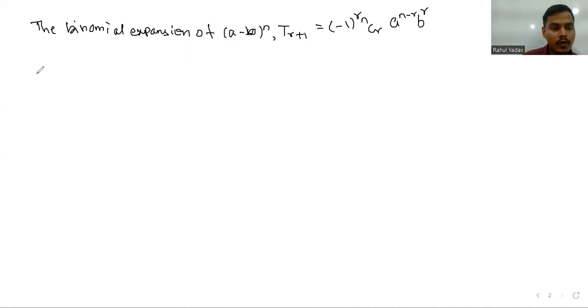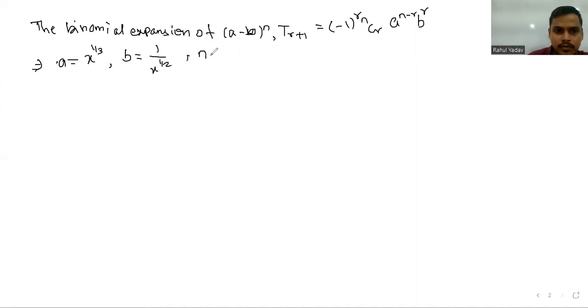So what we know is that if we compare it, we are getting a is equal to x^(1/3), b is equal to 1 upon x^(1/2), and n is equal to 10.